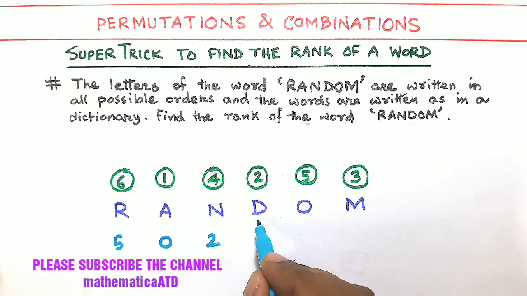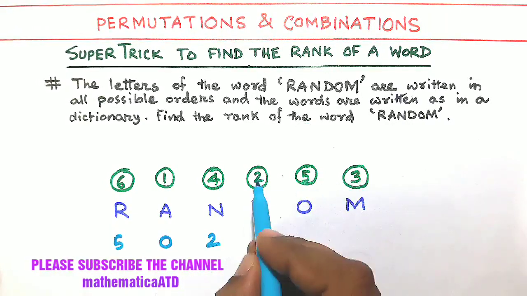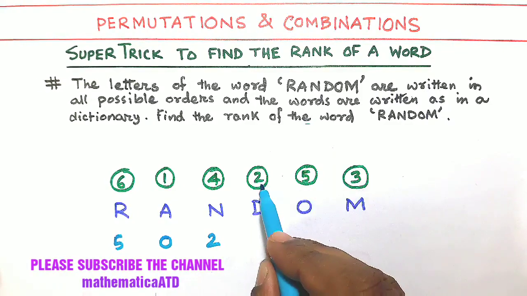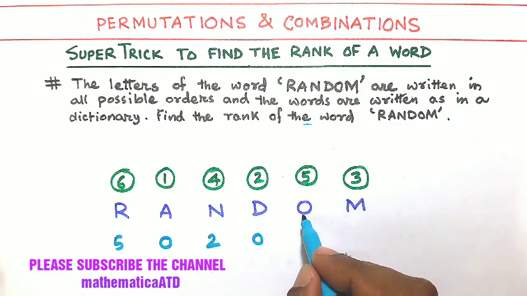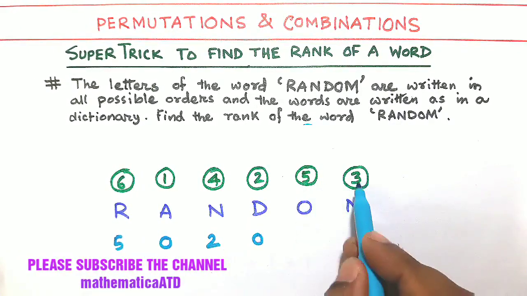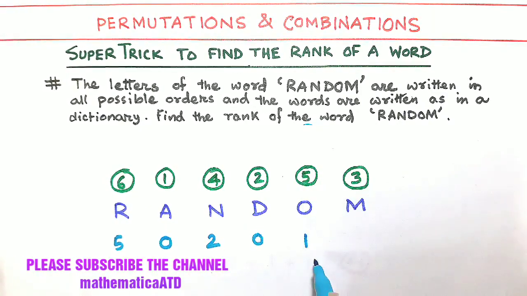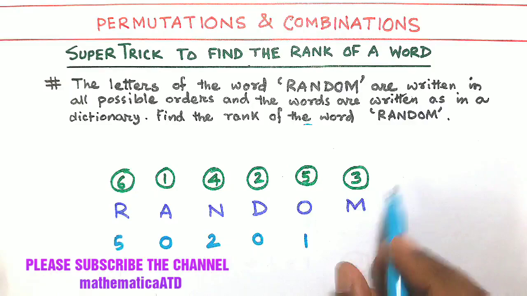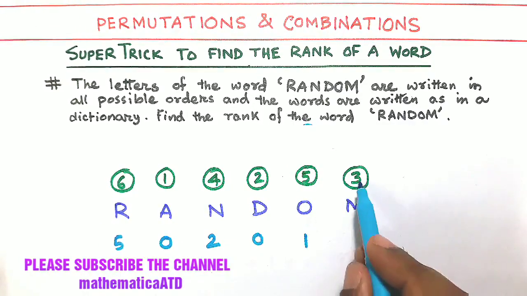Now for the letter D, how many numbers are less than 2? No number is less than 2. So we write 0. For the letter O, its rank is 5. How many numbers are less than 5? Only one number is less than 5. We write 1. For the letter M, you see that no number is on the right side of 3, so you have to write only 0.